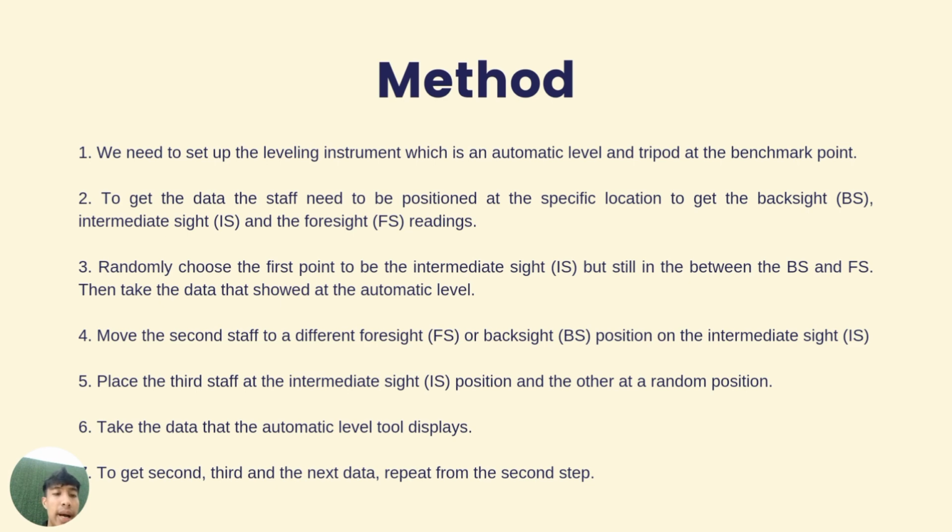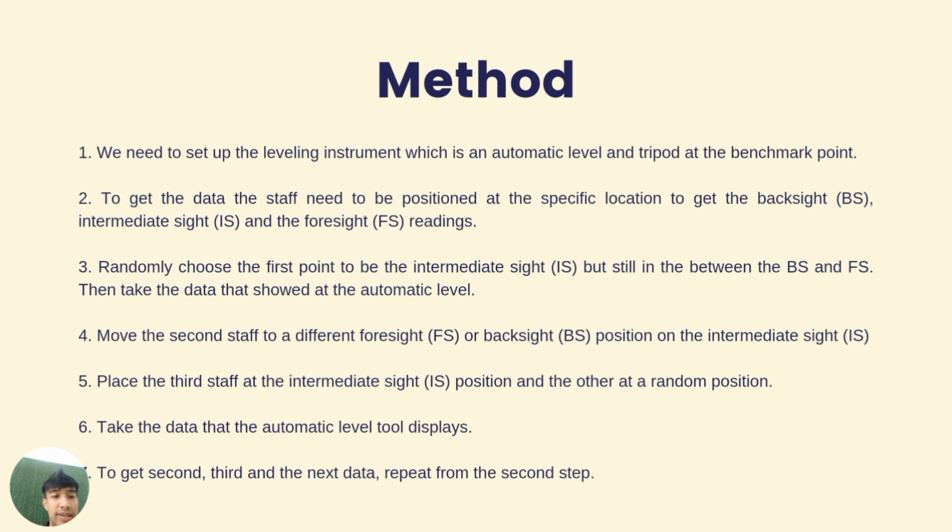For the third step, randomly choose the first point to be the intermediate sight, but still between the BS and FS. Then take the data shown at the automatic level.